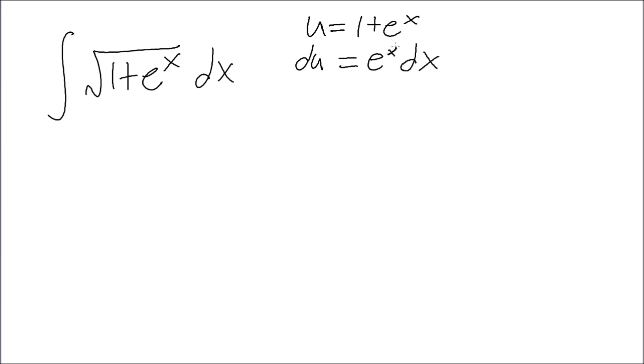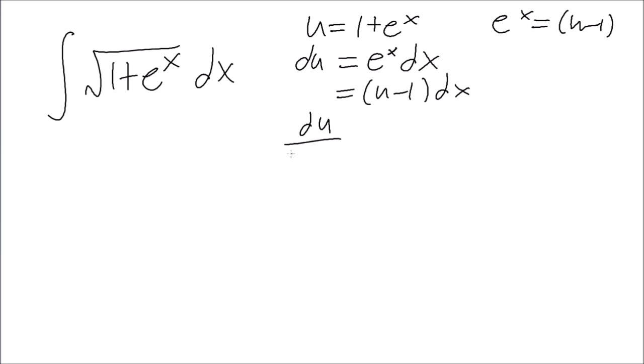So what is e to the x? e to the x is u minus 1, right? So this is technically u minus 1 dx. So your du is u minus 1 dx, so dx is 1 over u minus 1 du, right?